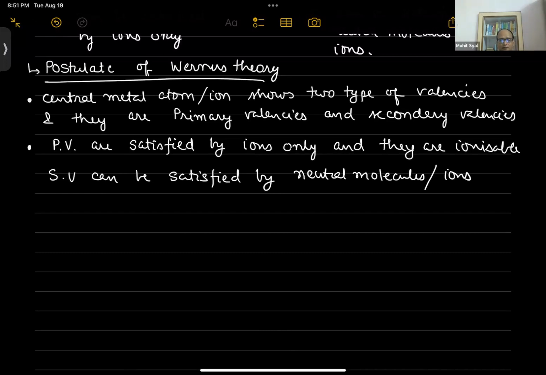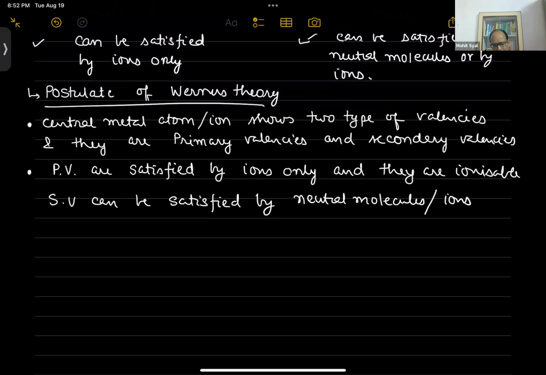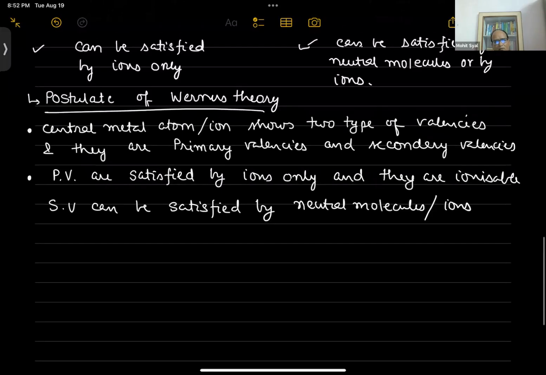Is this clear? When the ions are going to satisfy the secondary valency and primary valency both, it is because there are no sufficient molecules which can satisfy the secondary valency, so then ions are going to come in place of the secondary valency also, and they will satisfy the primary valency.